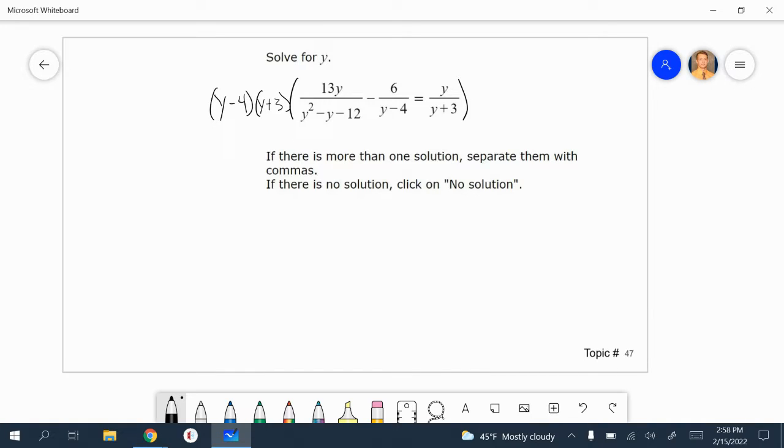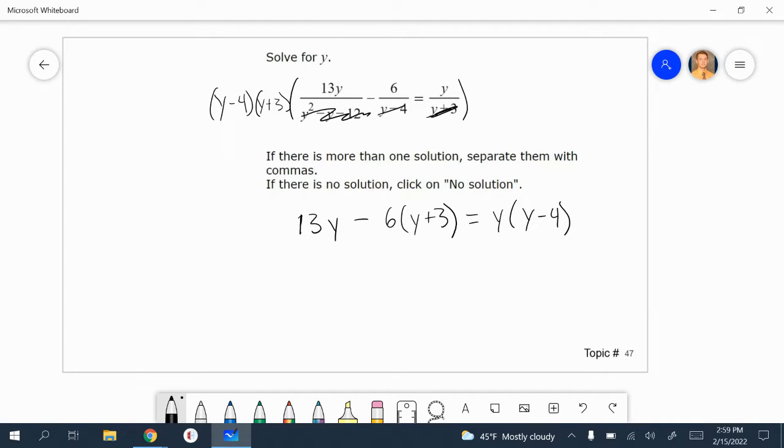And if I do that, this would cancel because that's its factors. So we'd be left with 13y minus, the y minus 4 will cancel. We'll have the 6 and the y plus 3. On the other side of the equal sign, the y plus 3's will cancel. We'll be left with y times y minus 4.